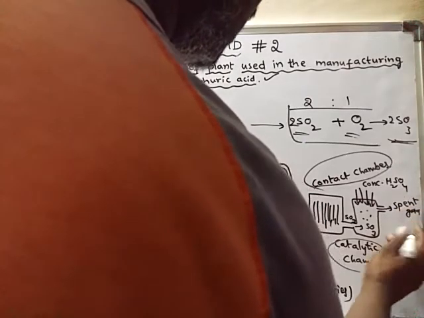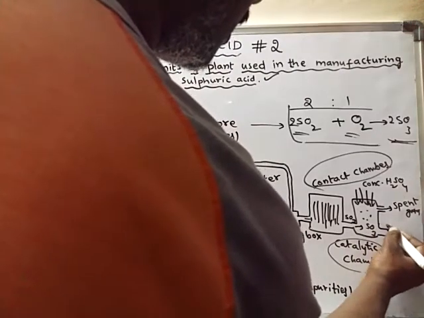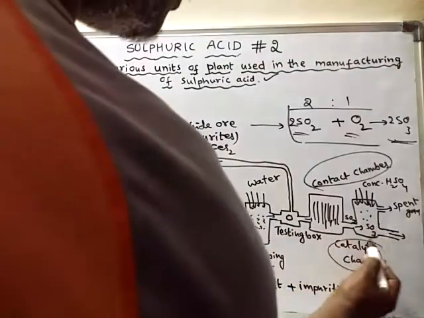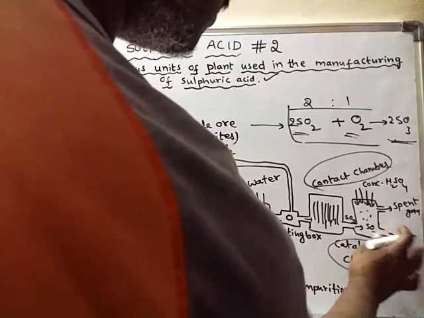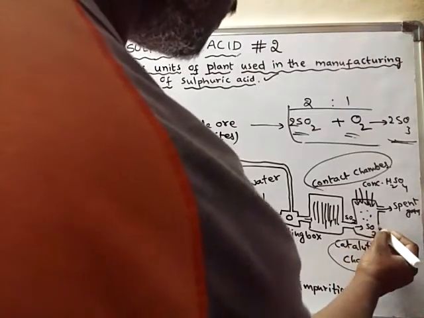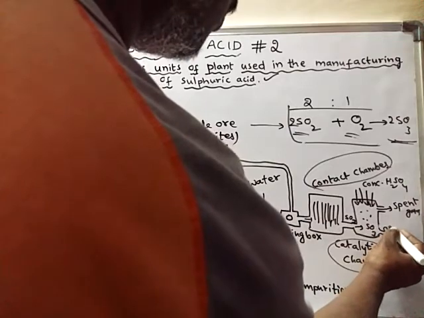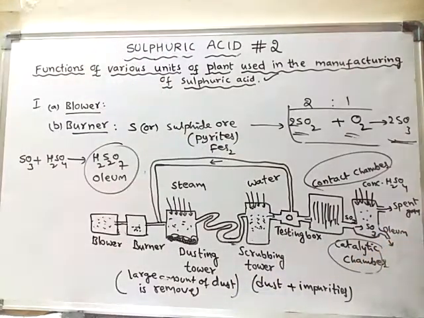From here, the oleum which is formed in this chamber will be let out. Oleum will come out from the absorption chamber, or absorption tower.